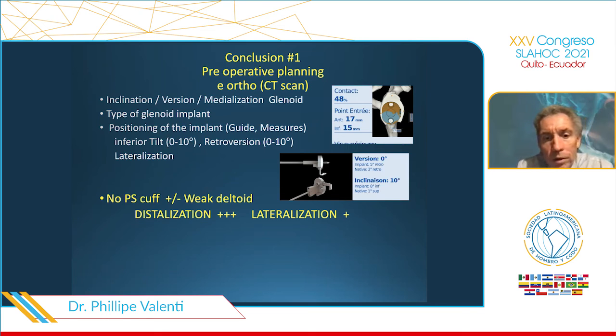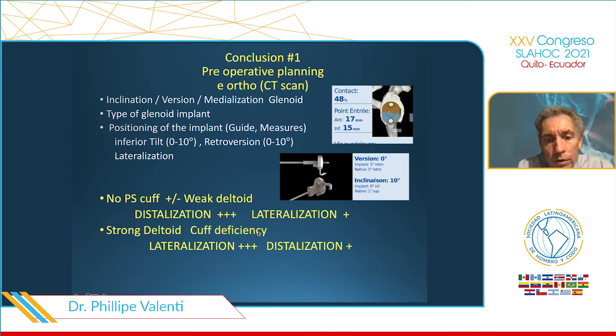So now we implant the prosthesis depending on the status of the cuff. If we have no posterior superior cuff, like a cuff tear arthropathy with a weak deltoid, we prefer to distalize the prosthesis and we lateralize less.